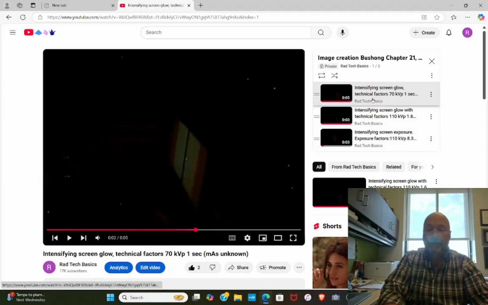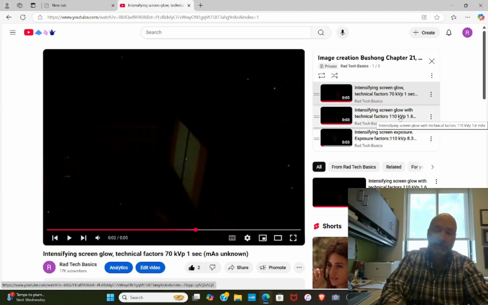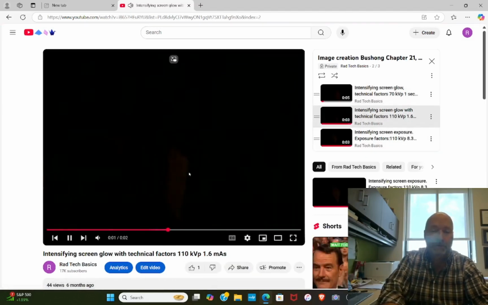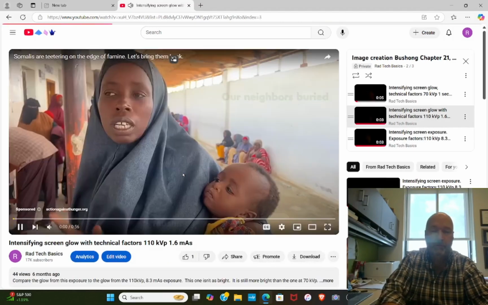So it doesn't recognize kVp versus mass. What I tried to do in this one was to use some semblance of the 15% rule, even though I didn't really know what my mass value was on this first image. I kind of played around with it to try to show you a brighter glow for a shorter time.